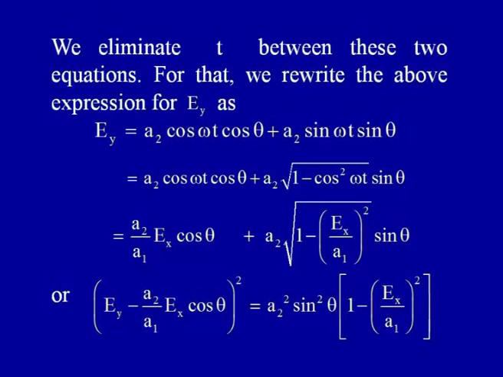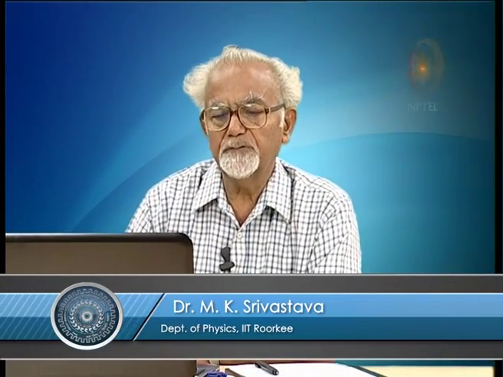and for that we rewrite the above expression for Ey as Ey is equal to A2 cos omega t cos theta plus A2 sin omega t sin theta. We can write it as, first term remaining unchanged, A2 cos omega t cos theta plus A2 times the square root of 1 minus cos square omega t times sin theta.